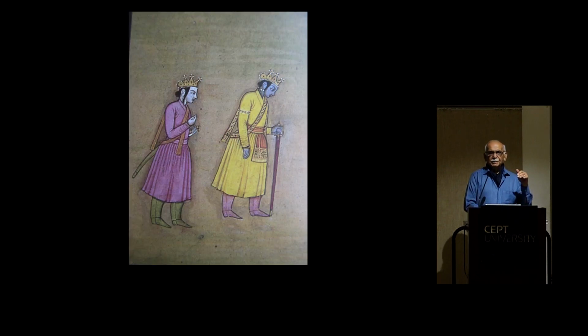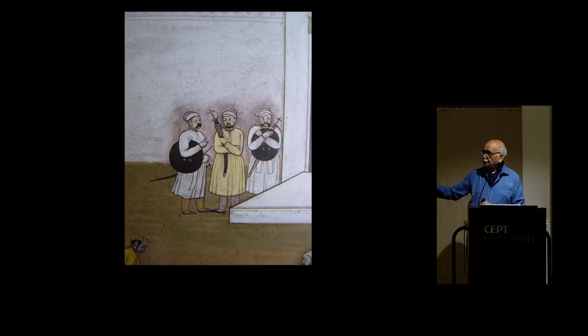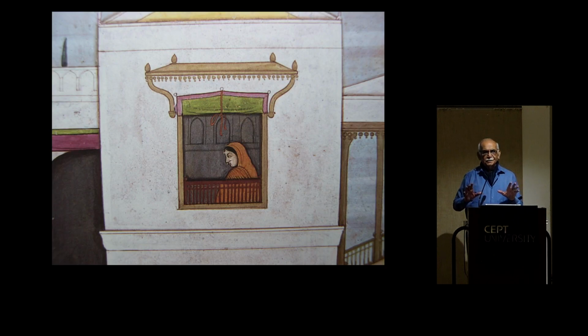But when she sees them coming with heavy feet, she knows that they have failed to persuade Rama to return. And even the soldiers, the guards standing there, can see that this mission has failed. And there she sits.